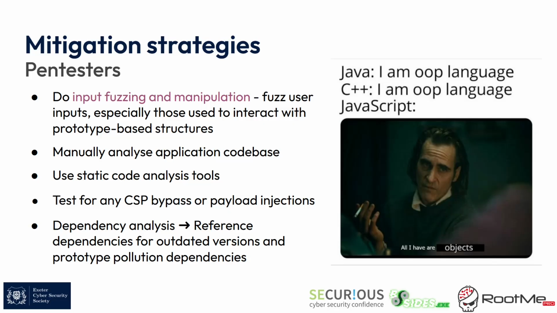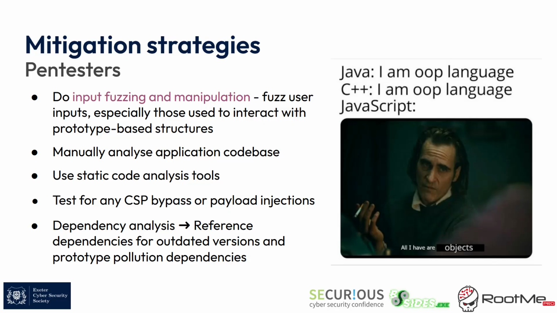If you fuzz your user inputs, and especially those used to interact with prototype-based structures, you may be able to catch, for example, generic versions of prototype pollution. So ones that are probably using word lists and common overridden functions. But it's not a catch-all feature, so it is not necessarily enough to catch every possible instance of prototype pollution.